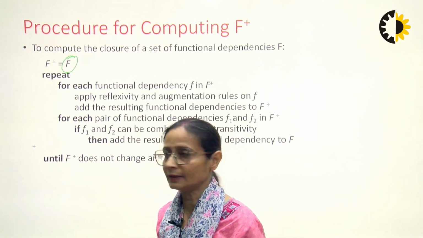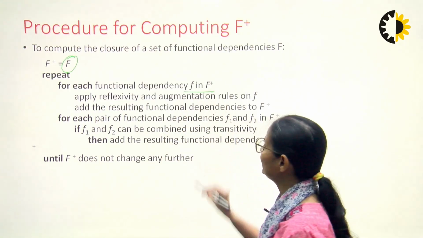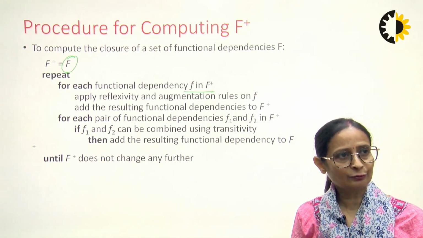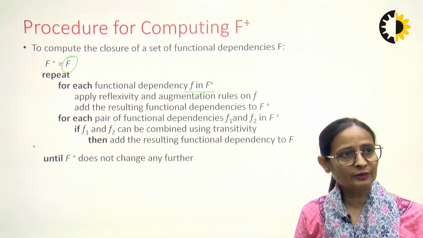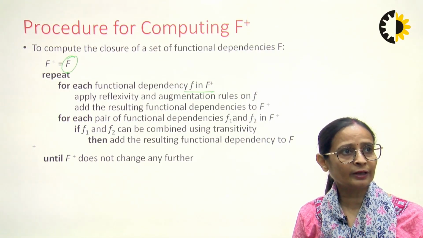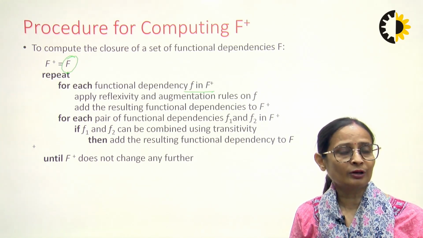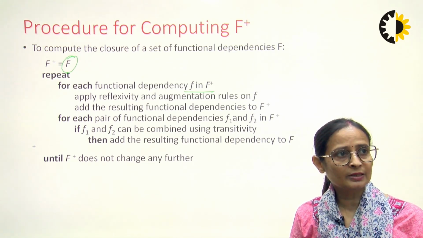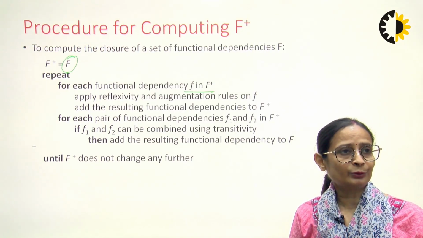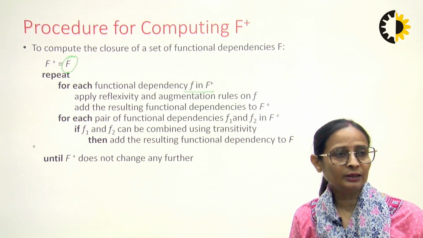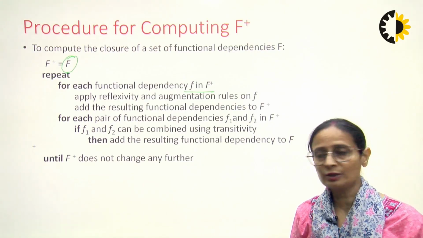So for each functional dependency F in F plus, apply the reflexivity and augmentation rules on F, and add the resulting functional dependencies to F plus. Similarly, for each pair of functional dependencies F1 and F2, if they can be combined using transitivity, then add the resulting functional dependency to F plus.